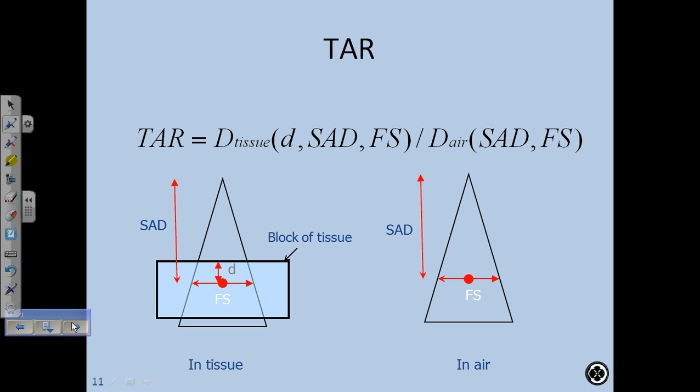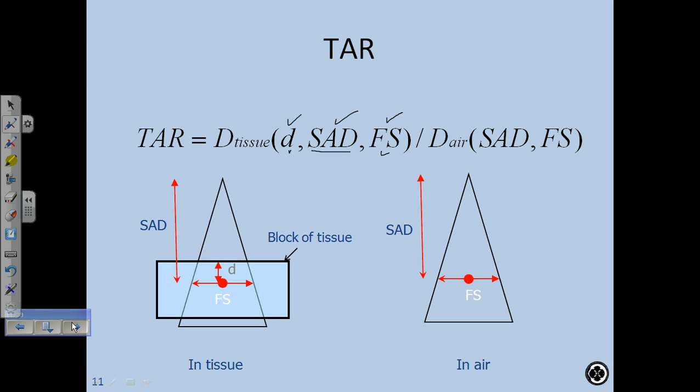All right, so here are the triangles. TAR equals the dose in tissue, or dose in medium, some material. And TAR depends, as I said, on depth, on SAD, and on field size. A minute ago I said it doesn't really depend on SAD, but there's a slight dependence, not too much. The two big ones are depth and field size. This is divided by the dose in air.